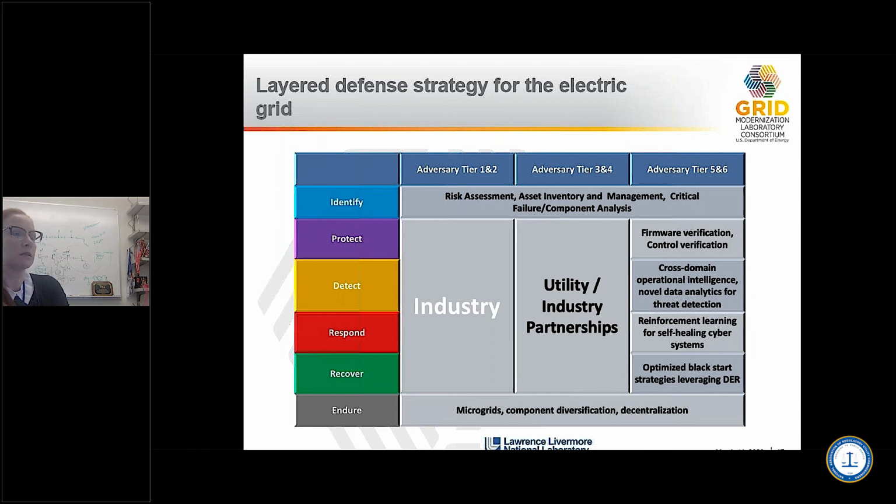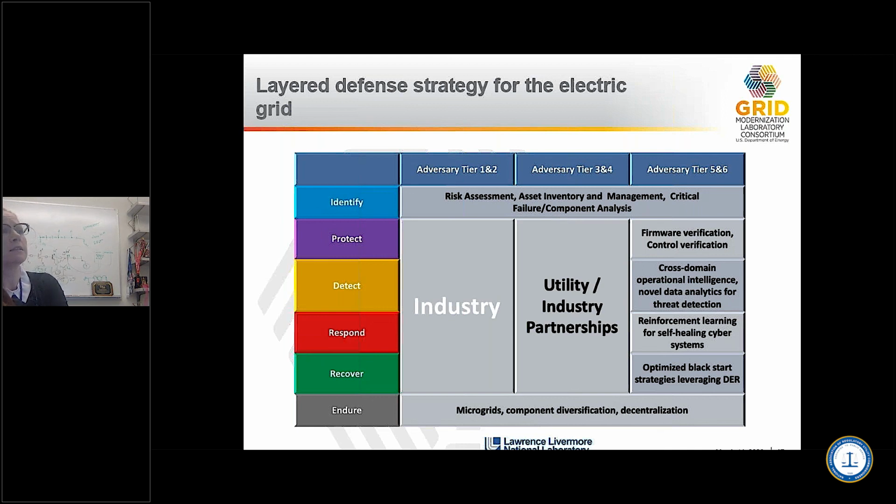What do we actually do about these systems? And again, like I said, 90% of the issues are down at adversary tier 1 and 2, but the more serious or higher consequence issues are coming from the adversary tiers 5 and 6. And that's where we start to talk about all the advanced machine learning techniques we can use to find things, optimizing your strategies for black start under cyber attack.